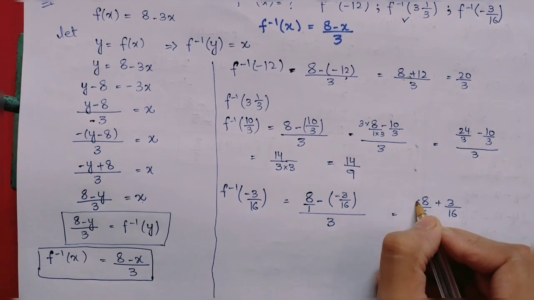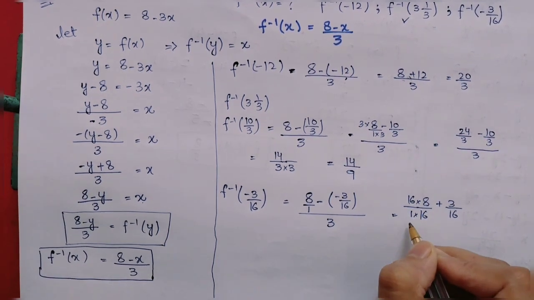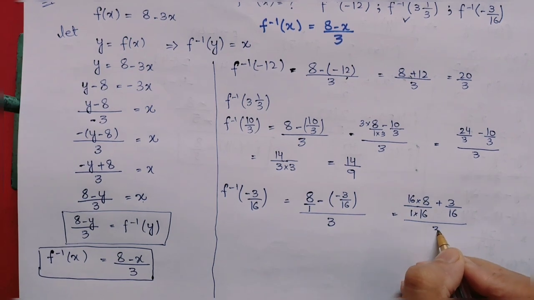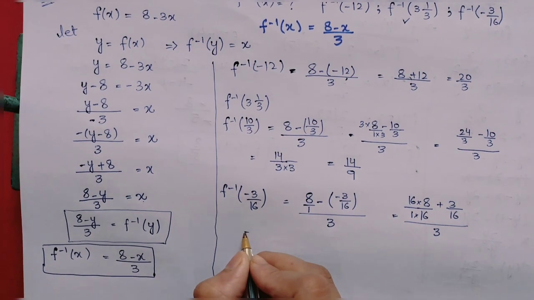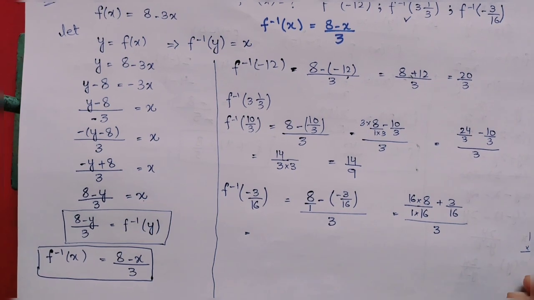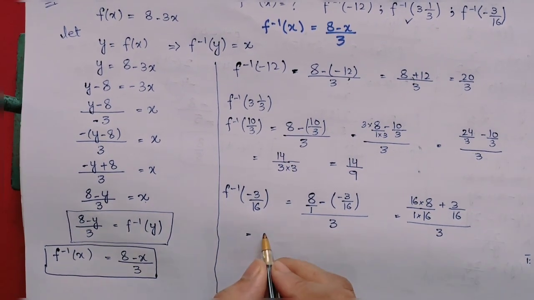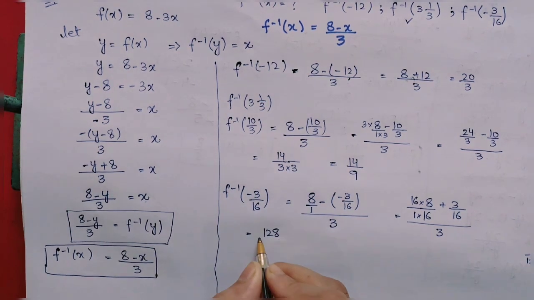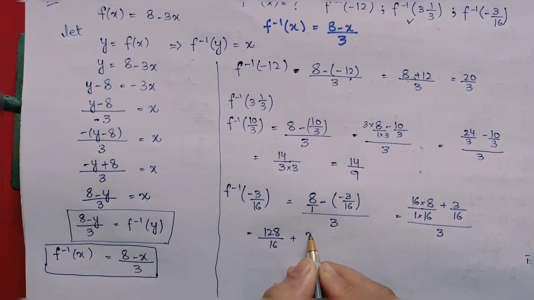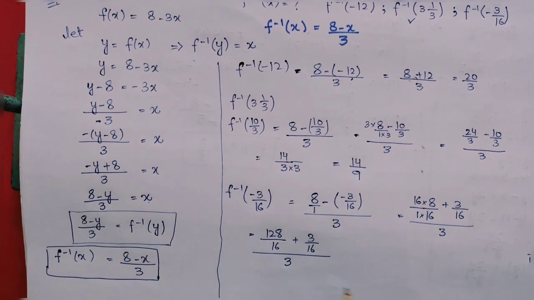Again multiply by this 16 and multiply by 16 over 3. Now multiply 16 by 8. It becomes 128 over 16 plus 3 over 16, and whole denominator 3.